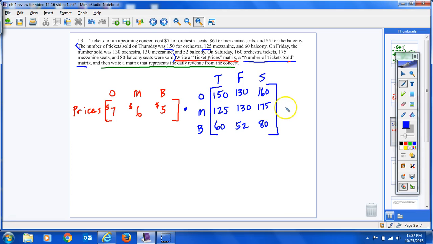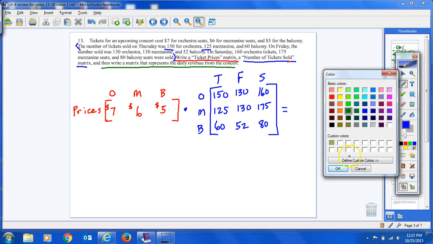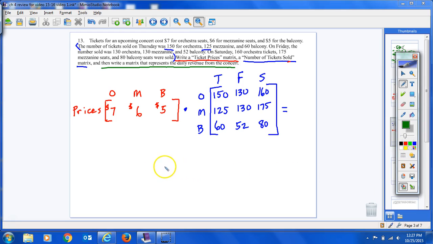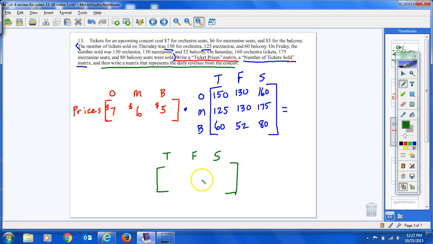Okay, so now we're ready to multiply these together, and we already know that the result is going to be a 1 by 3 matrix, and a matrix that represents the daily revenue. Okay, so the columns will represent the days: Thursday, Friday, Saturday, and then that one row will represent the revenue.